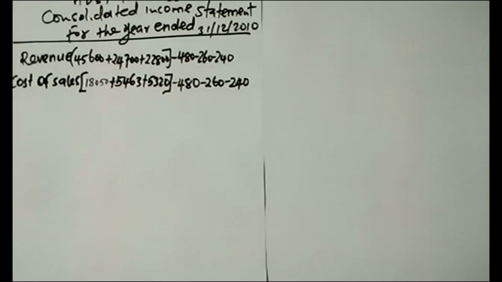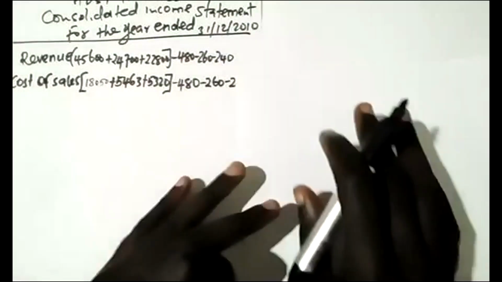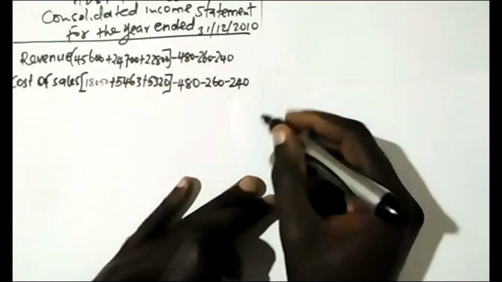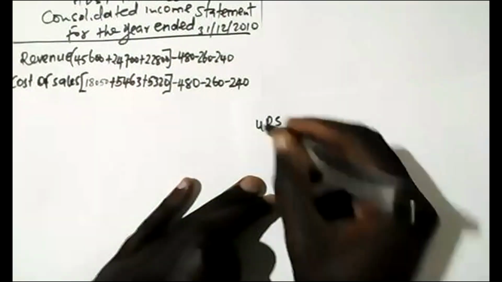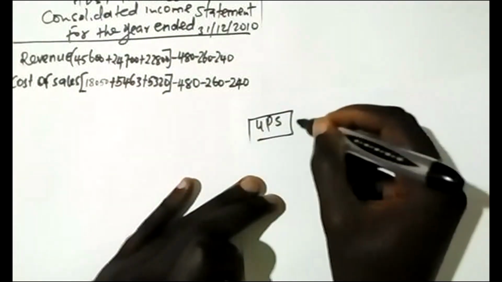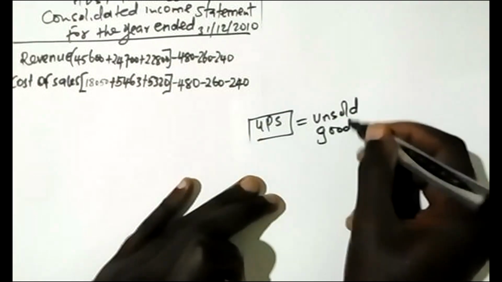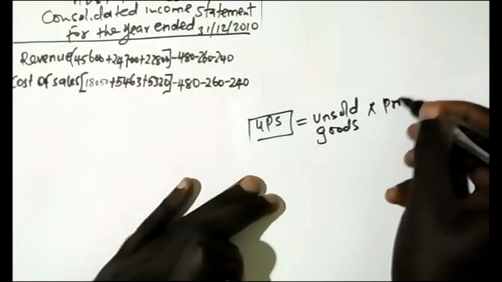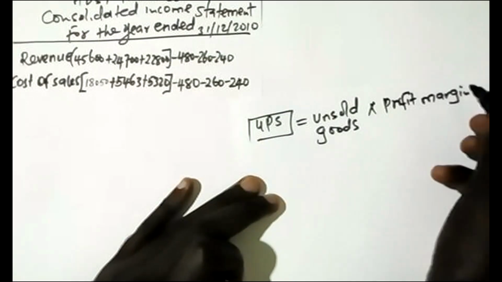After subtracting the relevant intergroup sales under the cost of sales, you need to add back the unrealized profit on stock, the UPS. So you need to adjust UPS. Unrealized profit on stock, we said, is unsold goods in terms of the profit margin.